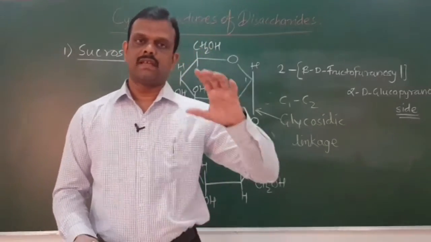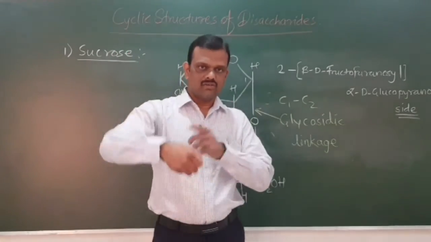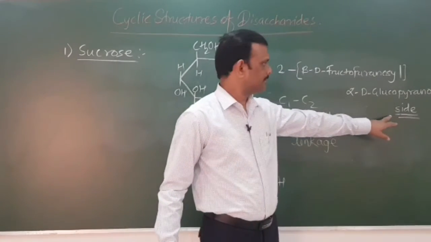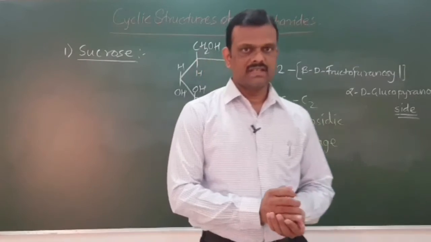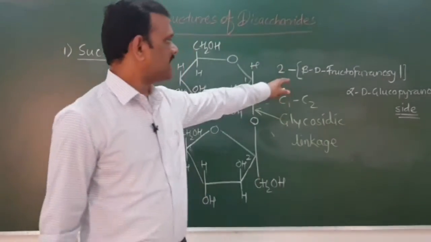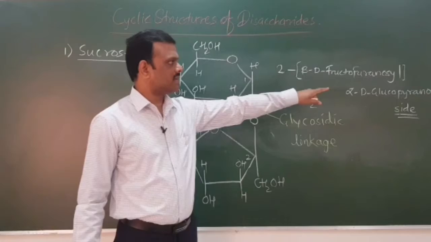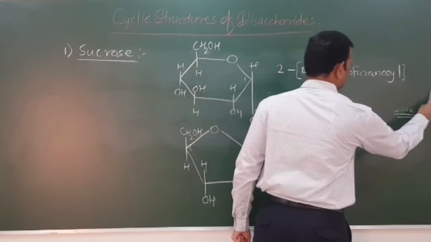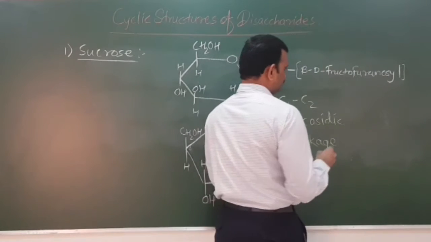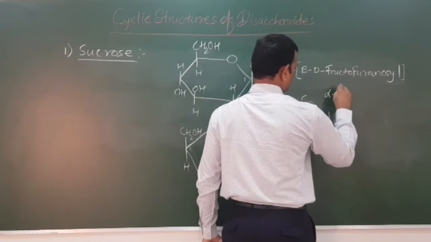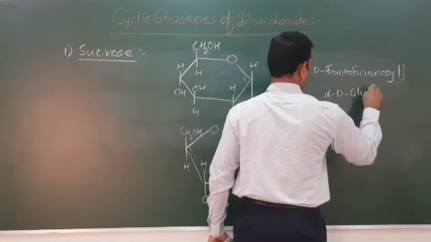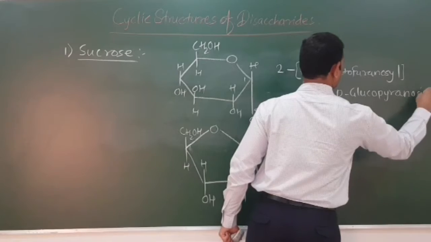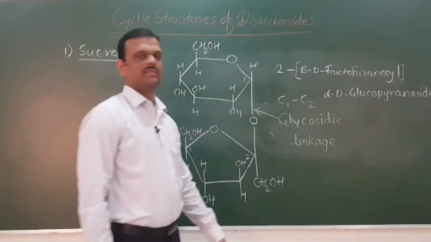Which sugars act as a non-reducing sugar, that you have to mention in their name, that you have to write the side as a last word. That means the name of the compound is beta D fructofuranosyl alpha D glucopyranoside. You can continue it like this. This is the name of the compound.